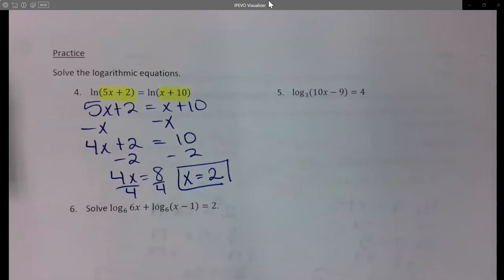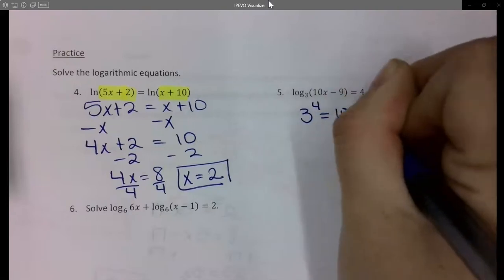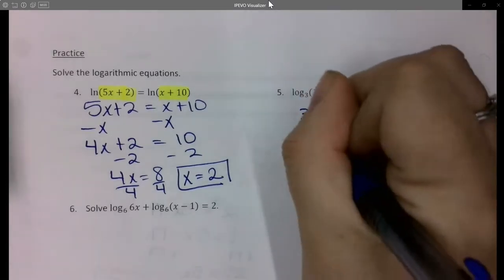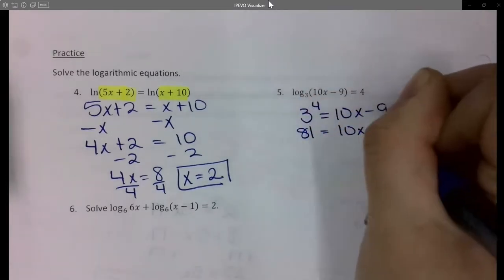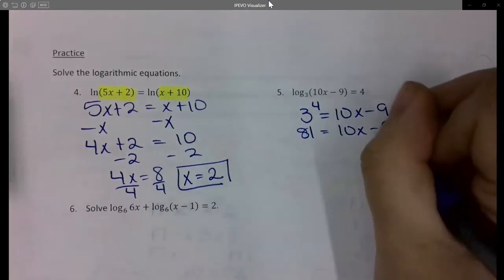On number 5, I want to rewrite this one as an exponential. I'm going to have 3 to the 4th equals 10x minus 9. 3 to the 4th is 81. Then I want to go ahead and add 9 to both sides.